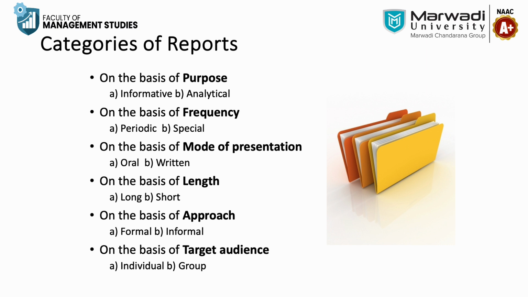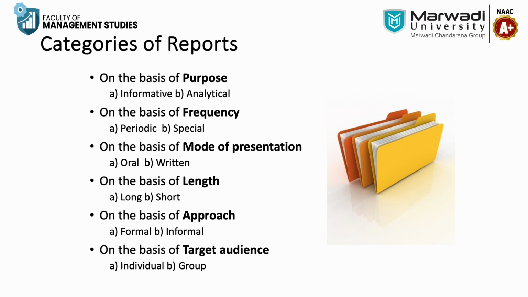And the target audience is also very important. So you're preparing a report for one particular individual or for a group of people. If it is only meant for one individual, let's say only for the boss to know the status of the work, then it is individual. And if it is meant for a group, then maybe you want to write in detail so that everybody can understand the report.